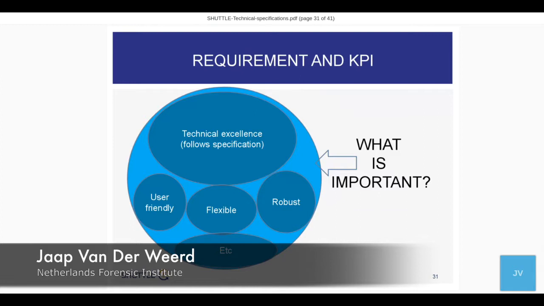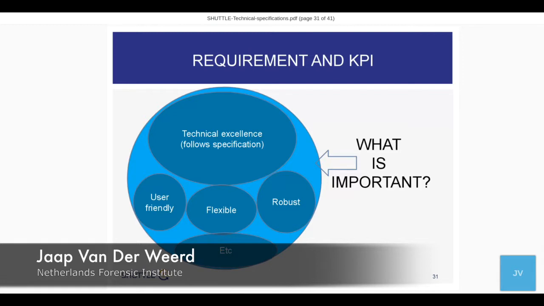And you give us a system that has these specifications, but it might still be that the solution is not right. It's according to the specification, but it's just not right. It's completely user unfriendly. It's completely non-flexible. There are so many things that could prevent the system from working in a routine environment.